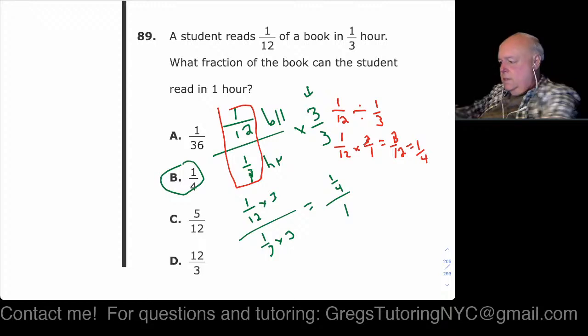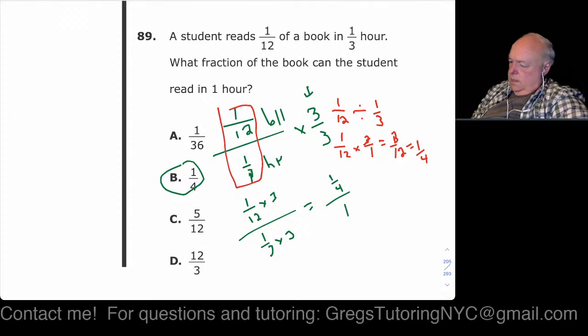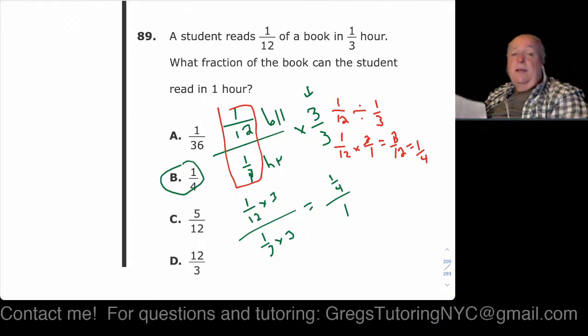Okay, let's see what else we got here. So 89 involved the unit rate. The unit rate is 1/12 to 1/3. All right, so the constant of proportionality in this case would be a quarter.